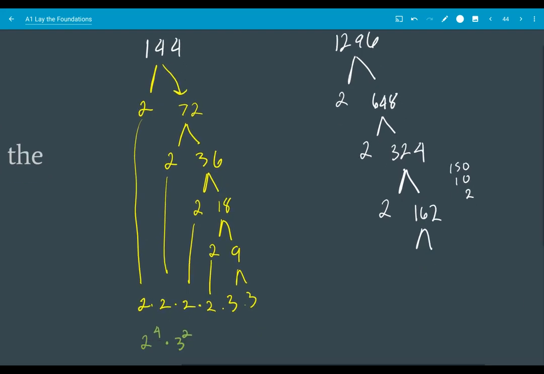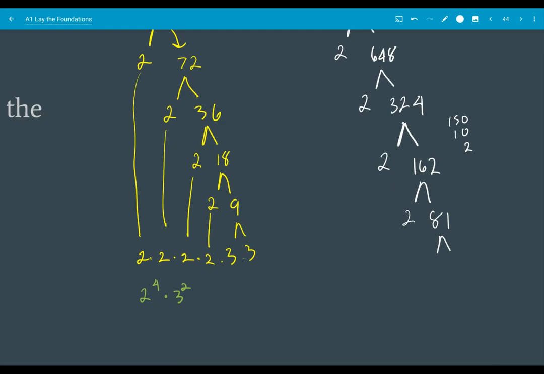We can go again. It's 2 and 81. 81, hopefully you recognize as 9 and 9, which is 3, 3, 3, and 3. Okay. So there are your prime factors of that.